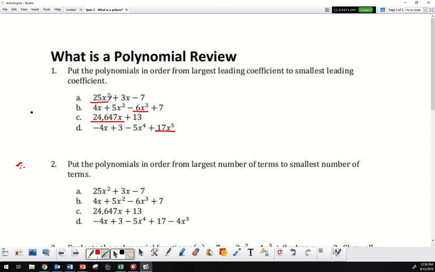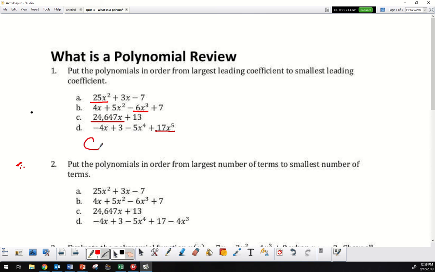The largest coefficient is the largest number in front, which is going to be 24. If I remember correctly from the quiz, you have to write the letters.